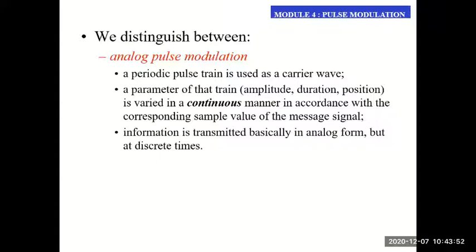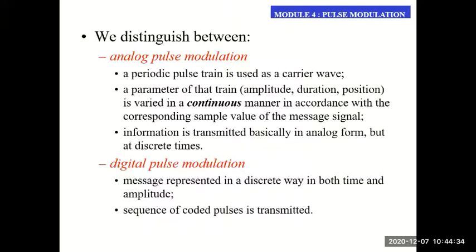That continuous message can be continuous throughout, or it can be a sample of the continuous message signal. But all these parameters will be varied continuously. Please remember, y-axis is continuous, x-axis is discrete in this. So information is basically transmitted in analog form, but at discrete times. Your y-axis is continuous or analog, x-axis is discrete. So the time is discrete, the amplitudes are analog. That is analog pulse modulation.